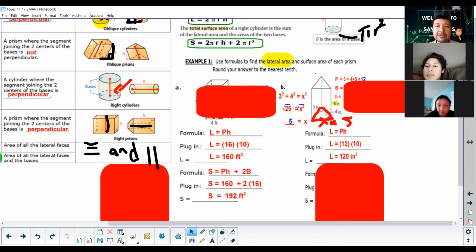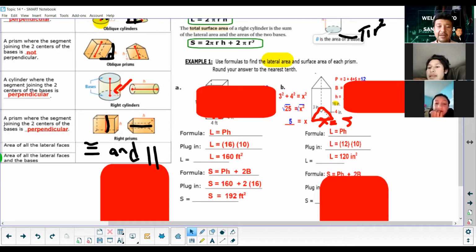Okay, so now, Maximus, what would I do in order to get the total surface area? Plus the perimeter, like the other one, right? Well, in this case, we just have to add the 2 bases. So on top, what is the area of each of these bases? It's 12, so 12 times 2 is 24.